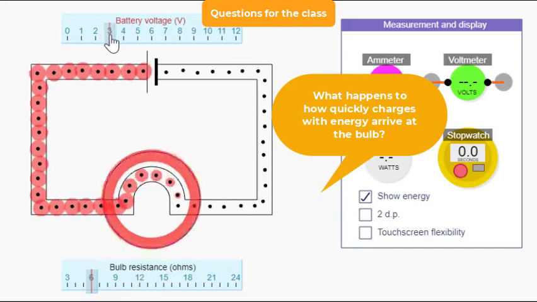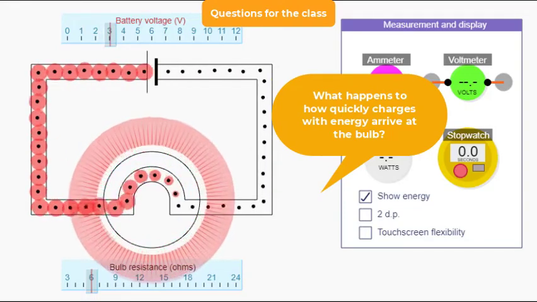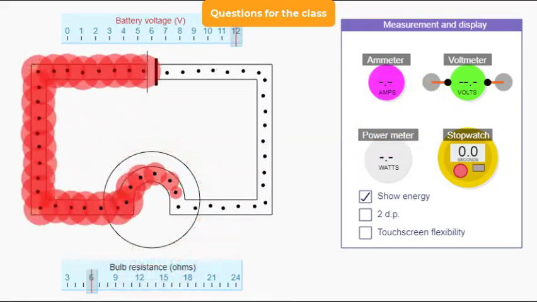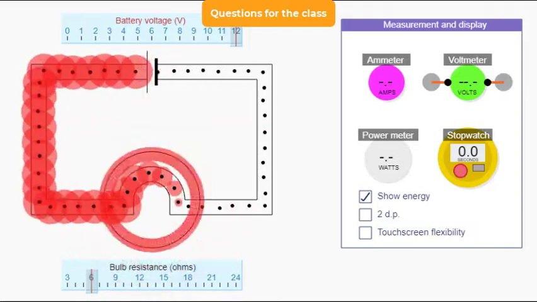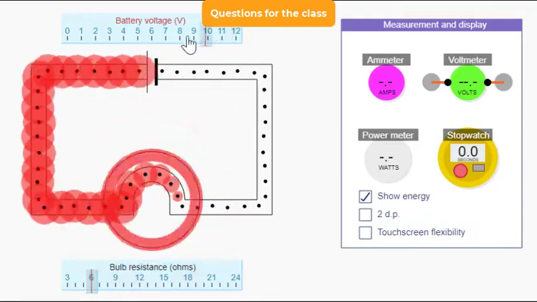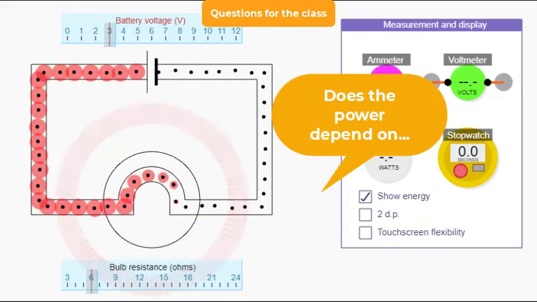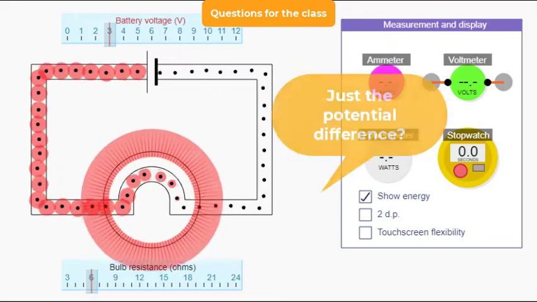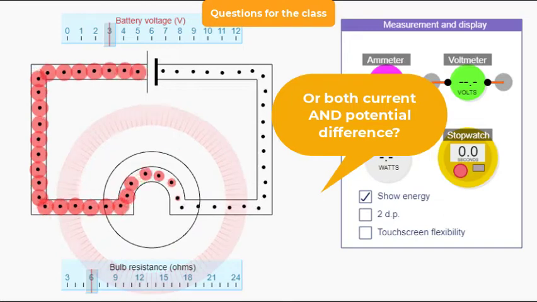And what happens to how quickly charges with energy arrive at the bulb? Charges with energy arrive quicker. So, does the power depend on just the current, just the potential difference, or both current and potential difference?